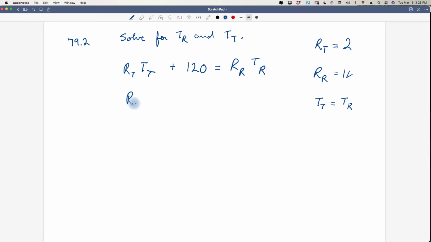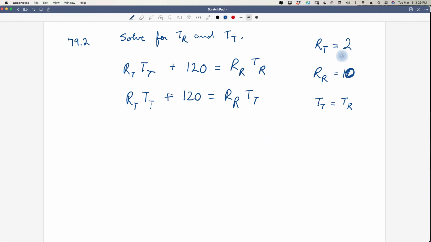We could say r sub T, t sub T, plus 120 equals r sub R, and just put t sub T right here because it's the same thing as t sub R. It's the same value. We're just going to sub that in. Now, what was r sub R? That was 10.